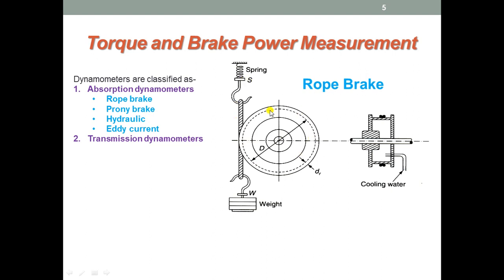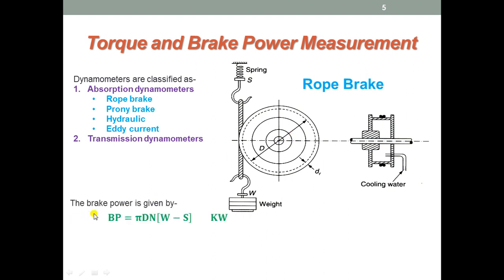Because of changes in the friction between the rope and the drum, the coefficient of friction of the rope will change with respect to temperature, and there are variations in the temperature because of friction between the rope and the drum.